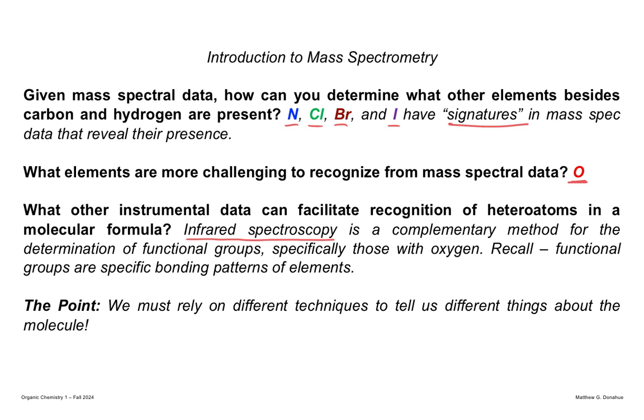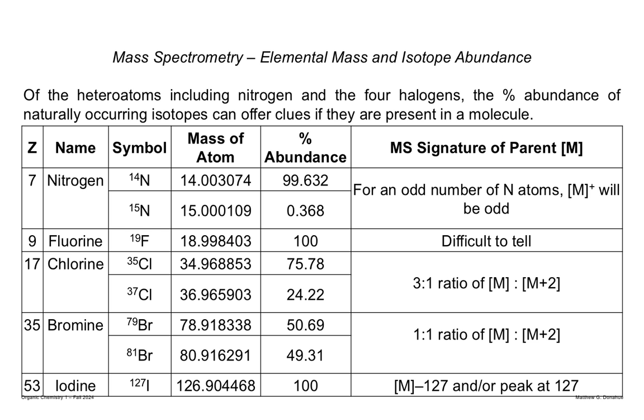Okay, there's an oxygen. If there is a nitrogen, the mass spec will tell us that. So the point of this is we must rely on these different techniques to tell us different things about the molecule. So this table summarizes the mass spec signatures that you'll observe in the parent if any of these heteroatoms are present.